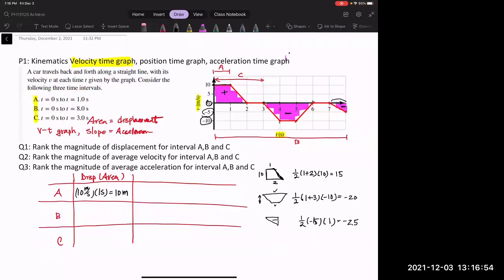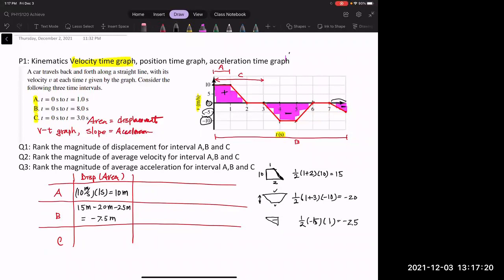Okay, so if you add them all together, you have 15 meter, minus 20 meter and minus 2.5 meter. That result is -7.5 meter. Okay, so that's the 7.5.